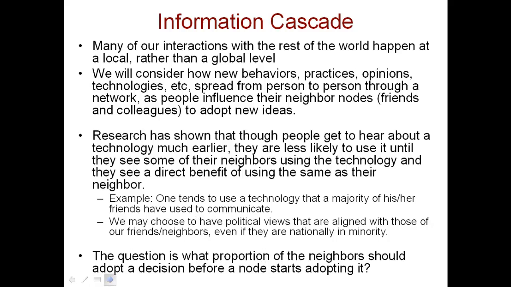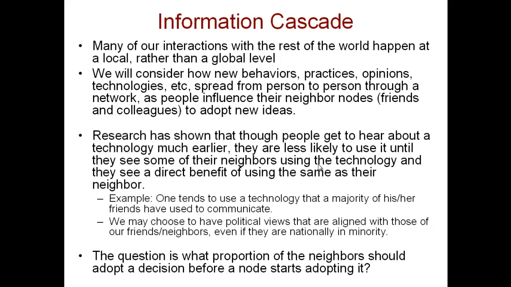Now, why is this problem considered like this? Why are the neighbors considered to be more important in influencing the decision? Even in our day-to-day lives, people might have come across a technology much earlier, but they would not use it until the neighbors or whoever they deal with use that technology.